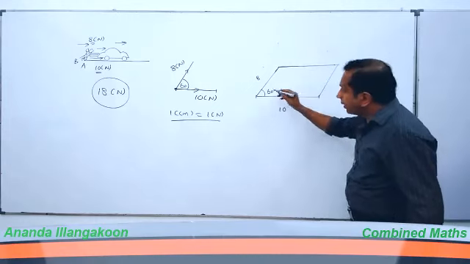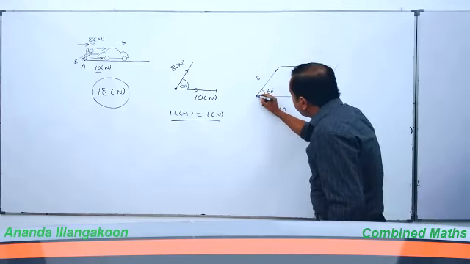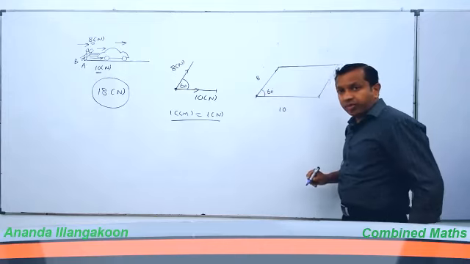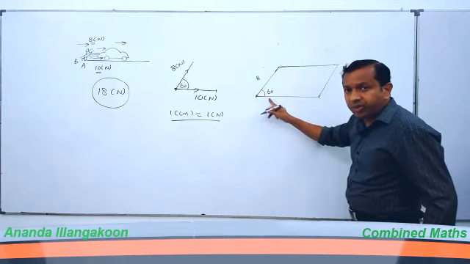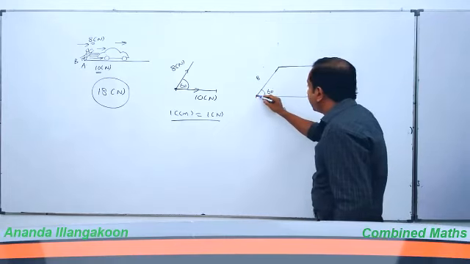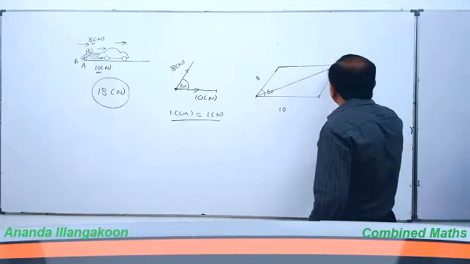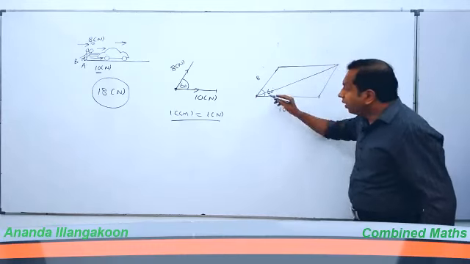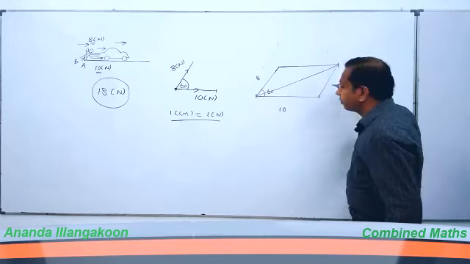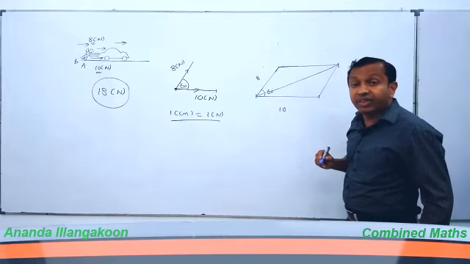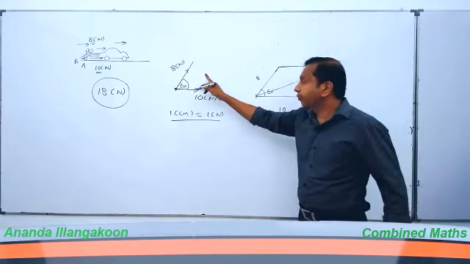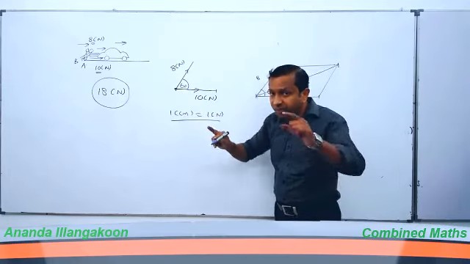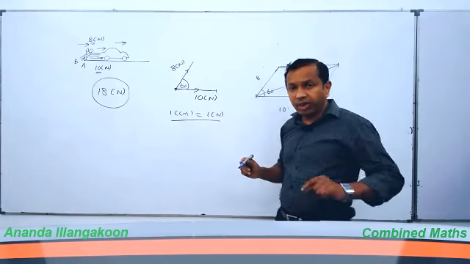Now draw the diagonal which passes through the point of intersection of these two forces. This is the diagonal. By the length of this diagonal, we get the resultant force of these two forces. Force is a vector, people, so it has a direction.